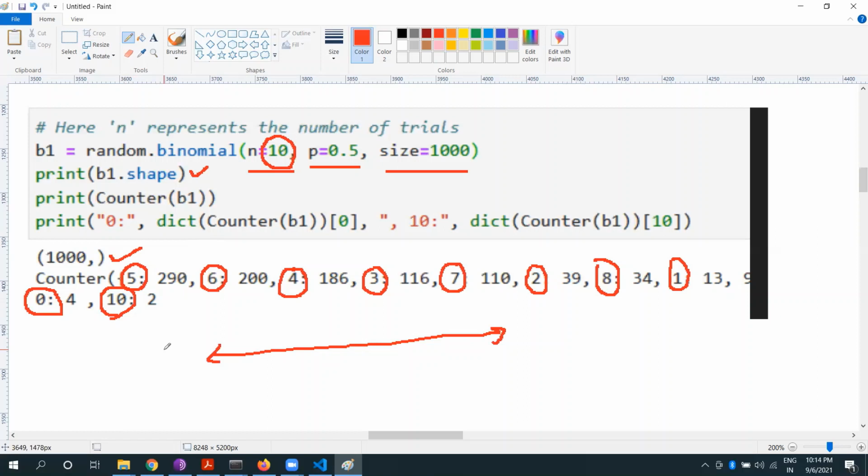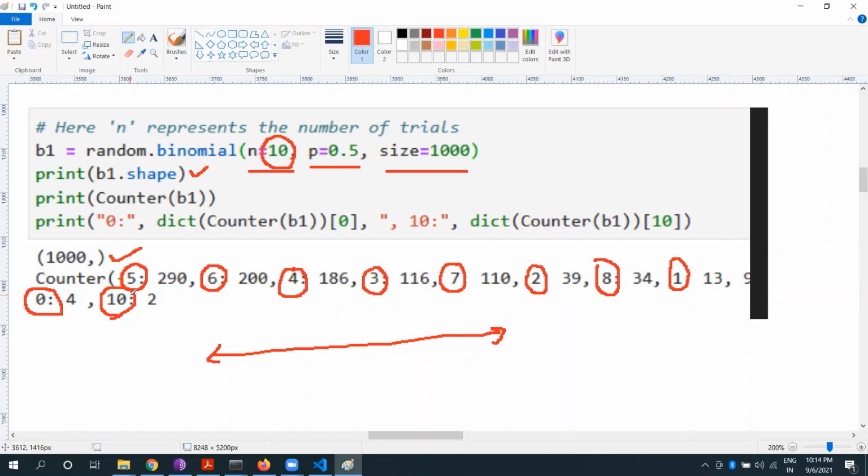The first time we get the result, like suppose five heads, five successes. In 290 times we got 5 heads. 200 times we got 6 heads. 186 times we got 4 heads. Like that we are getting the answer.